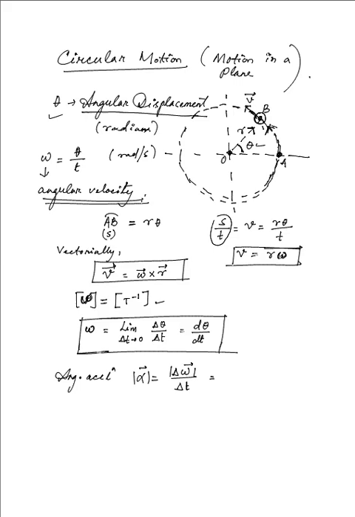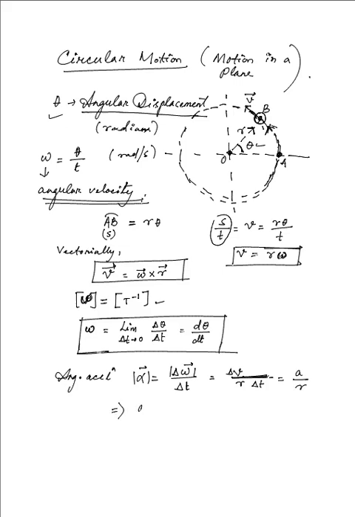So omega, as you know, is simply v by r, right? So instead of omega, we have del v by r, where r is constant, r does not change, divided by del t. So del v by del t is simply linear acceleration. So this is linear acceleration by the radius.